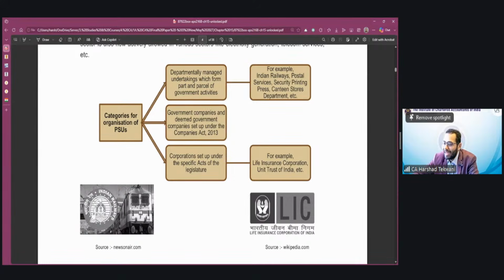But when I talk about other departments, when I talk about specific corporations, where is the provision of the audit for these companies or these public sector undertakings? Anyone? From where can I think of the requirement that is there for the audit of these kinds of undertakings? Can anyone tell me where is the audit requirement of these kinds of undertakings?